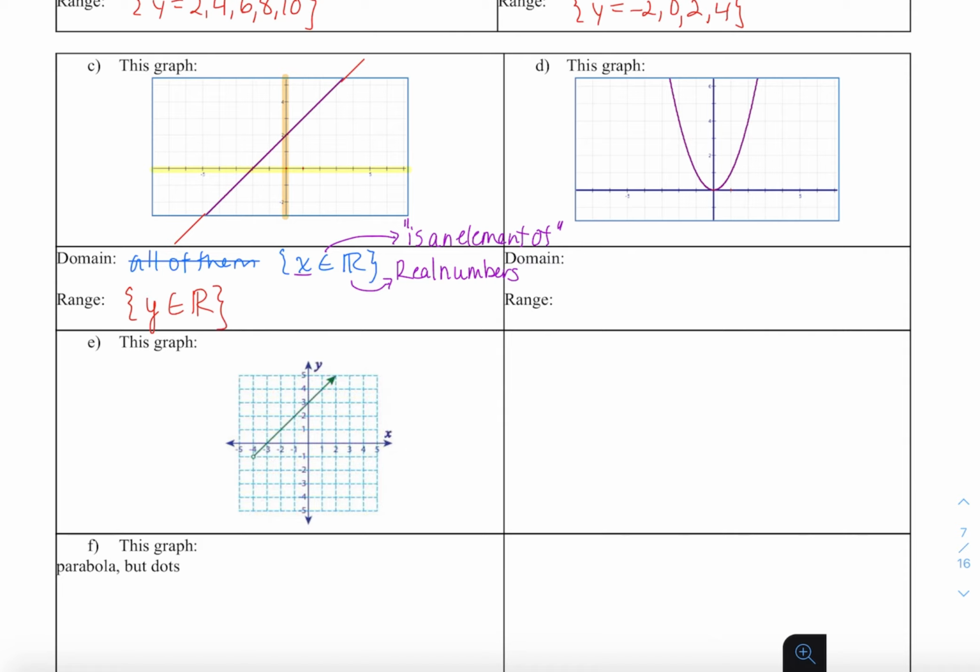Now for this graph, this parabola here, again, I'm going to consider that the graph keeps doing what it's doing outside of the field of view. And even though it's doing it really slowly, it's covering negative infinity to infinity again. So the domain of this graph is x ∈ ℝ because I know that the x values keep going out and out and out.